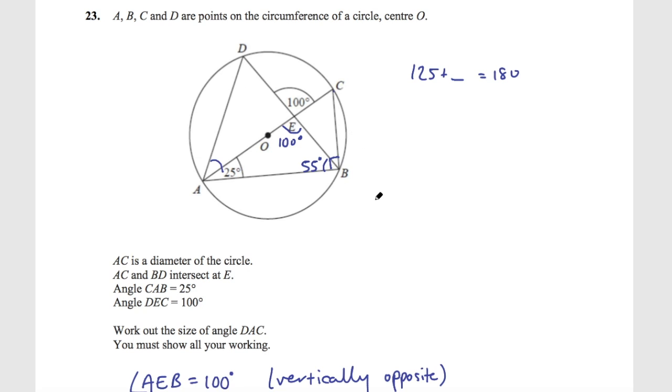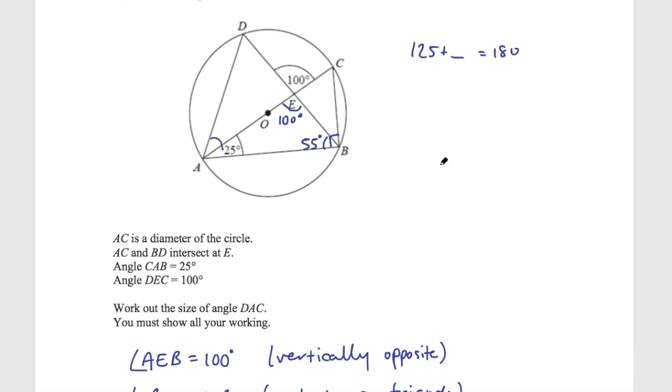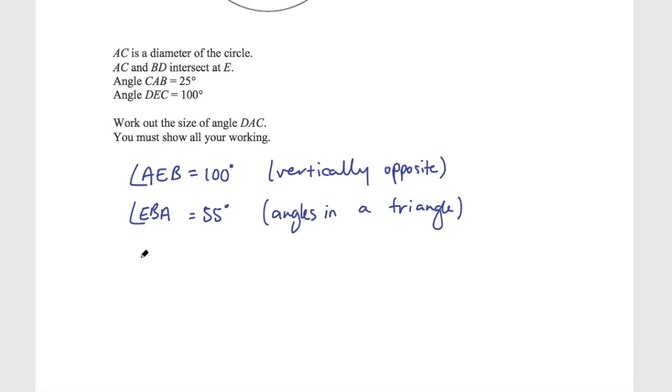That's something you need to know for GCSEs. So angles in a semicircle are always 90 degrees. So we can say angle CBA equals 90 degrees. And that's an angle in a semicircle.